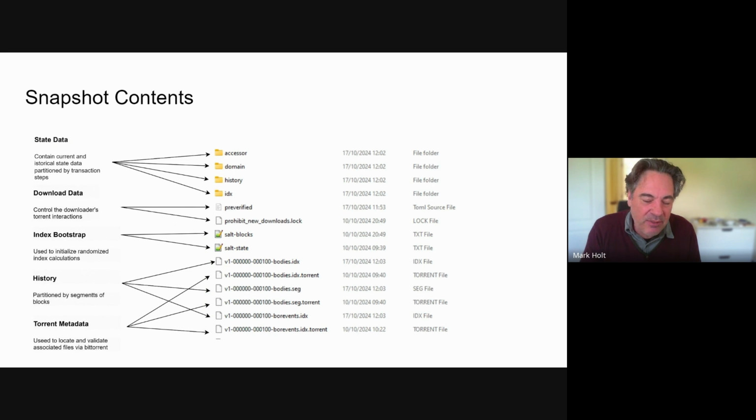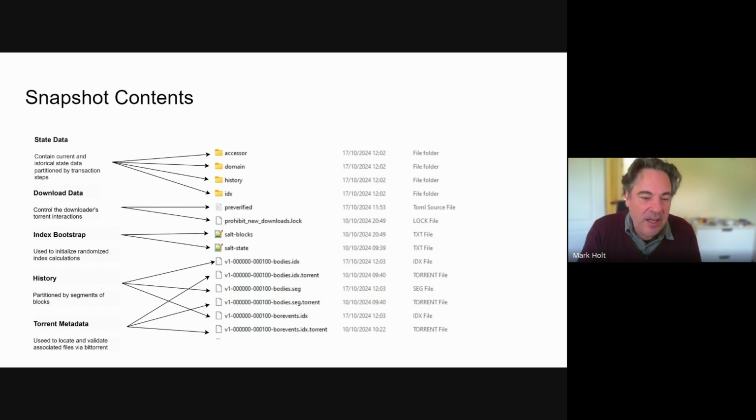The next set of files is split into two: some control files, which I'll not talk through too much in this talk, and a set of things called history files. Those history files contain all the transactions historically that contribute to the state.